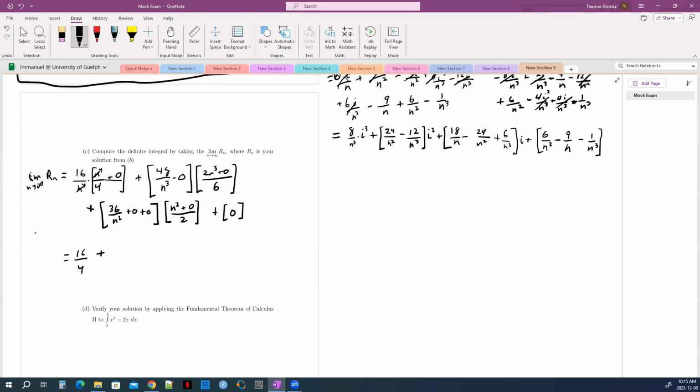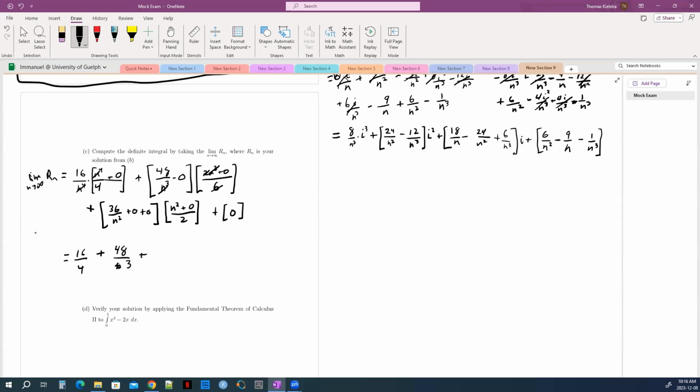Plus 48 over n. Here, the n cubes are going to cancel. The 2 and the 6 are going to cancel to give us 48 over 3.